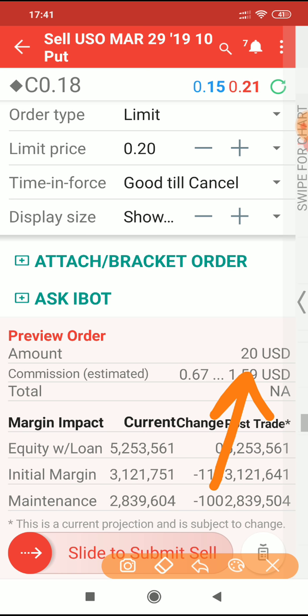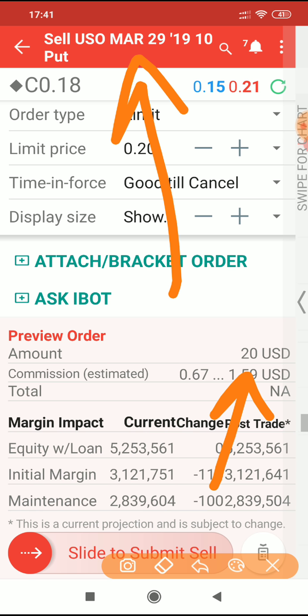Remember, because of the parameters of the contract, as long as the USO stock price stays above 10 up until the expiration of March 29, I keep all of that money. If it goes below 10, then I have to buy hundreds of shares per contract at a strike price of 10. That's my obligation.